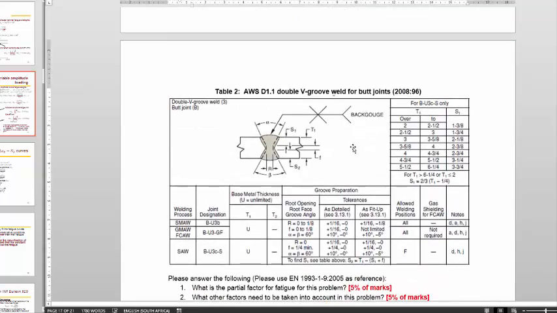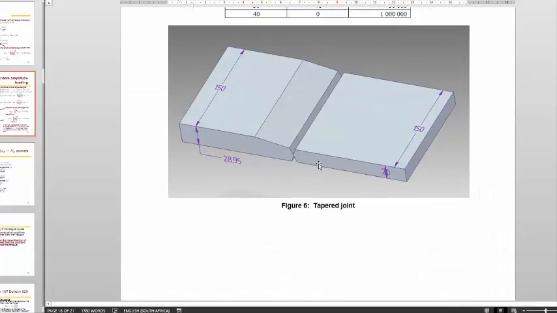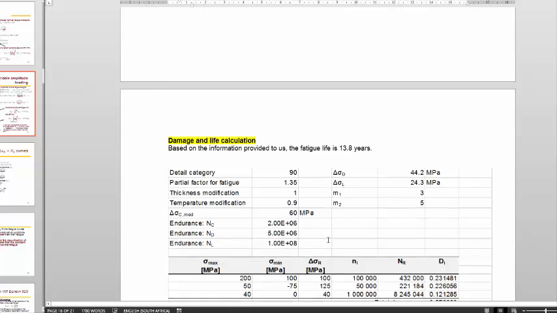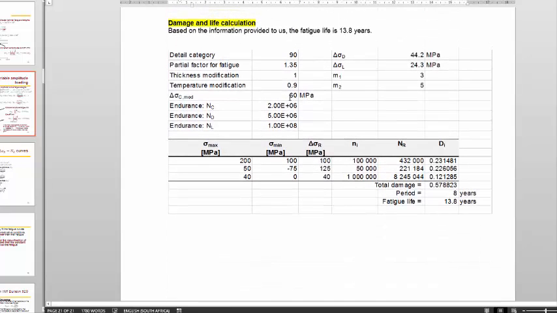If we hammer peen this weld, remember the damage that we calculated here was the damage for crack initiation at the weld toe for the transversely loaded weld. So that means we can improve by hammer peening.